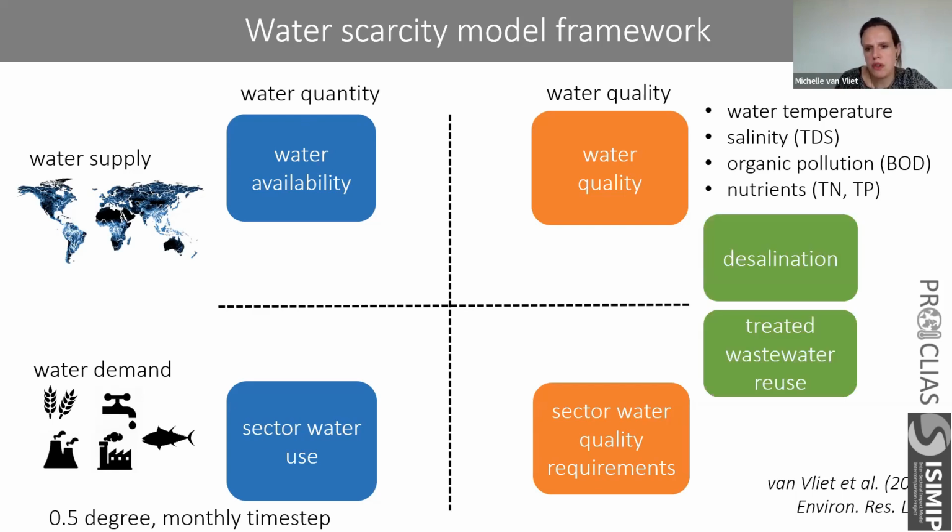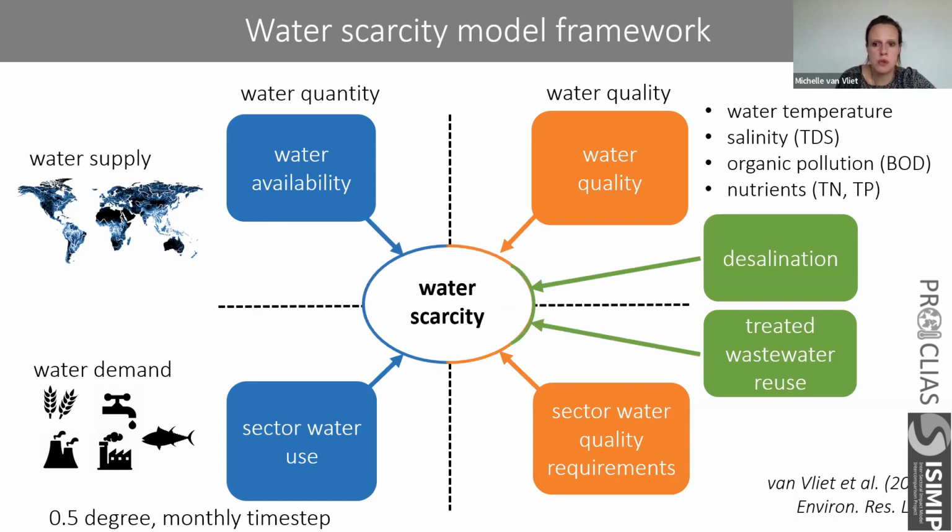Next to that, we also considered spatially explicit data of desalination capacity and treated wastewater reuse. By combining all those elements, we made new quantifications of water scarcity, accounting for water quantity, water quality, and also the impacts of these water technologies, which are also considered key options towards water scarcity alleviation.